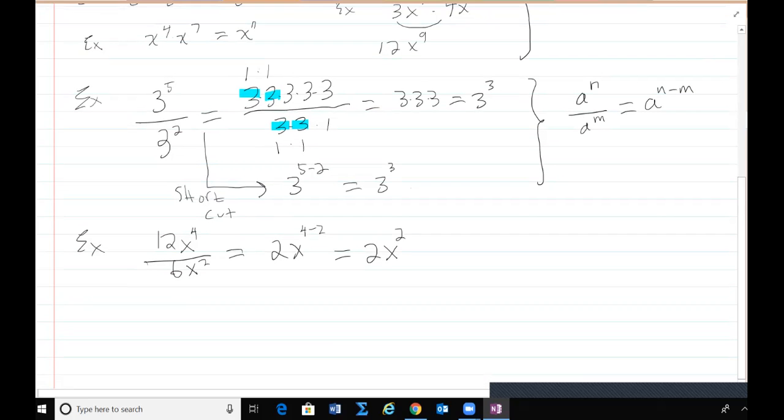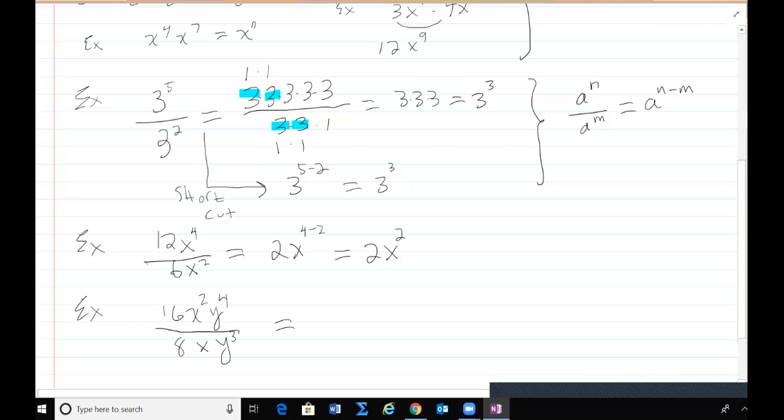Now let's take another example. These instructions would all be simplify in this case. We're simplifying things. Let's say we have 16x squared y to the 4th, and we're going to divide that by 8x y to the 3rd.